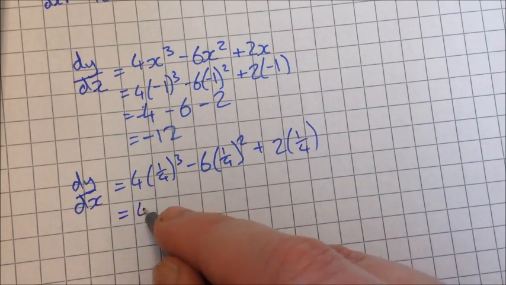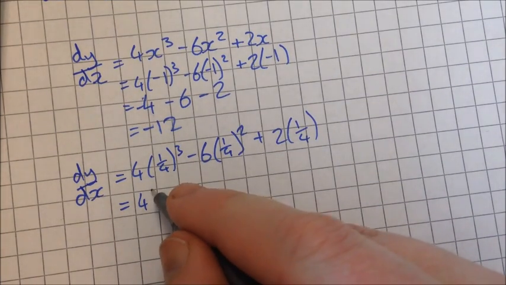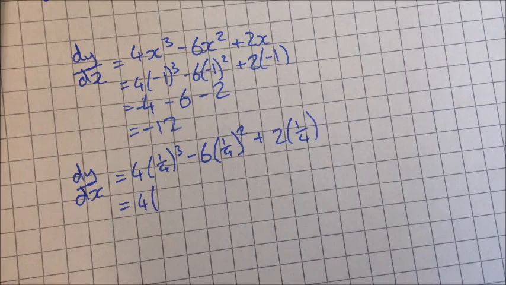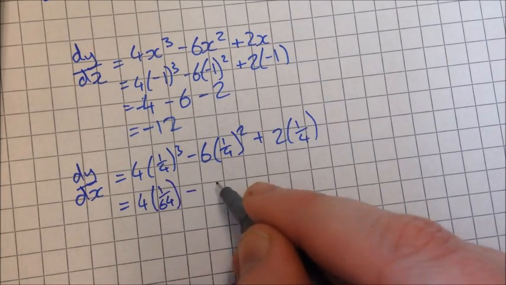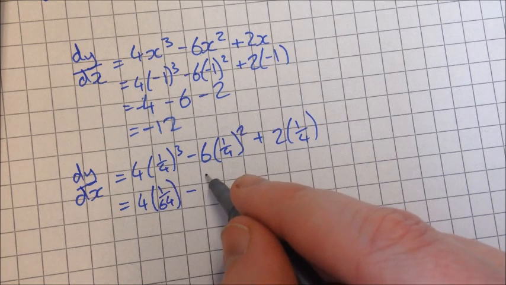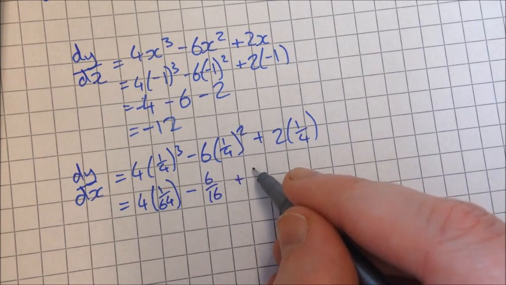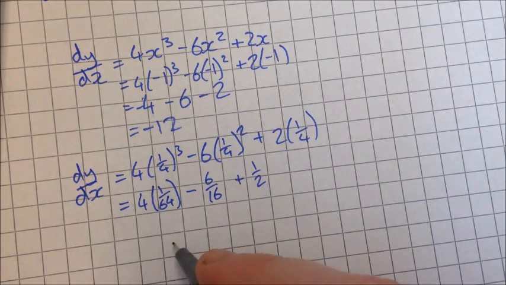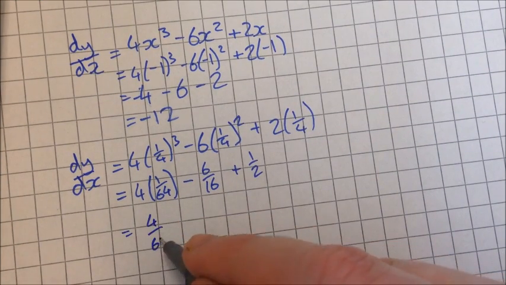That's perfectly fine, unless of course it appears on a non-calculator paper, but you can take the time to do it then properly, can't you? This will be 6/16 plus a half, so 4/64.